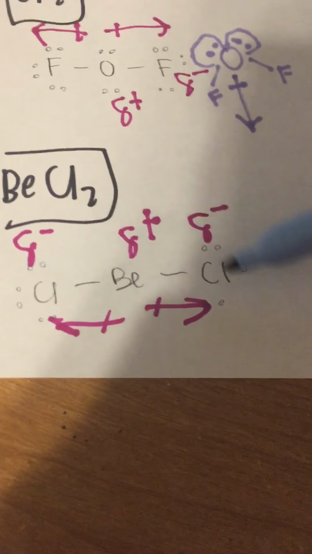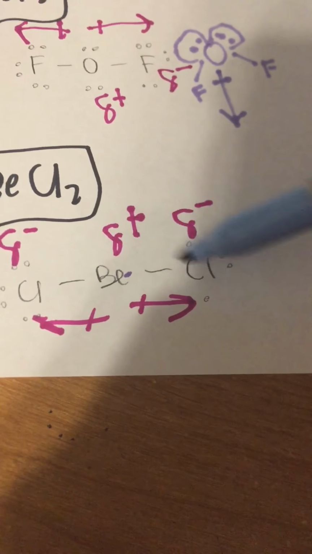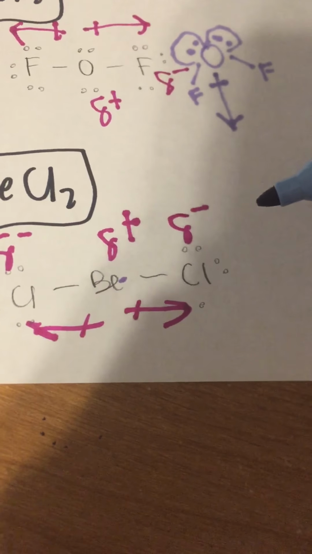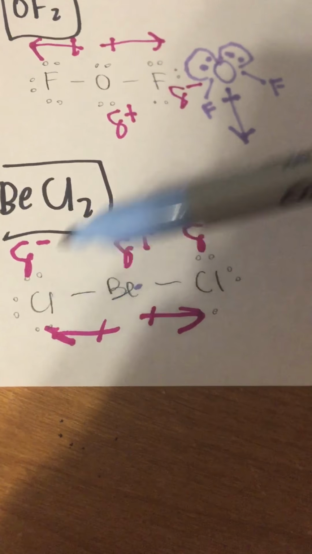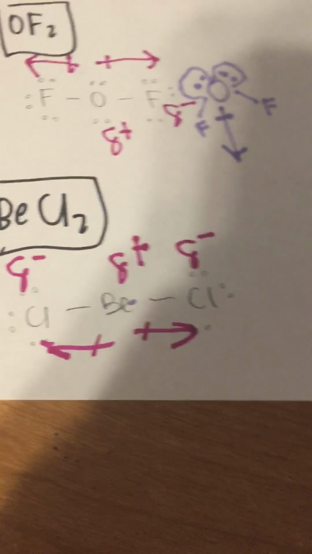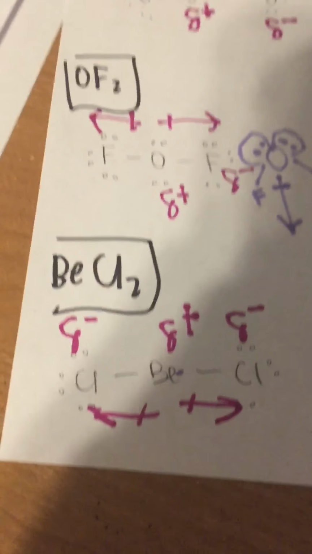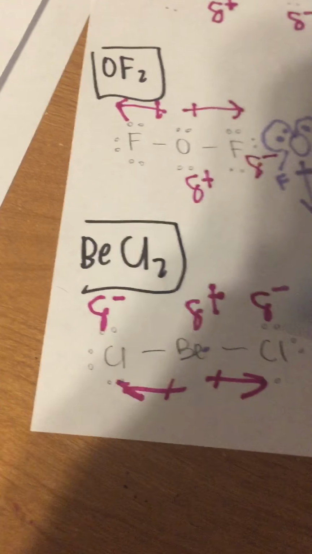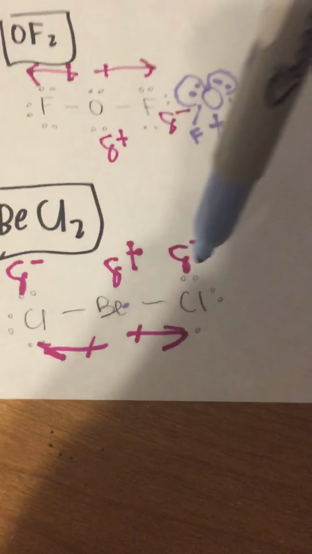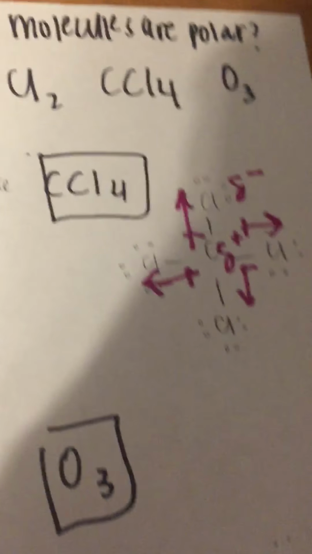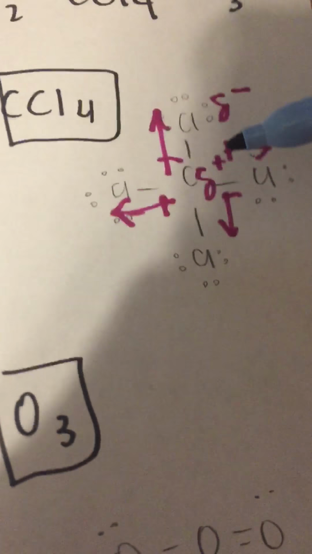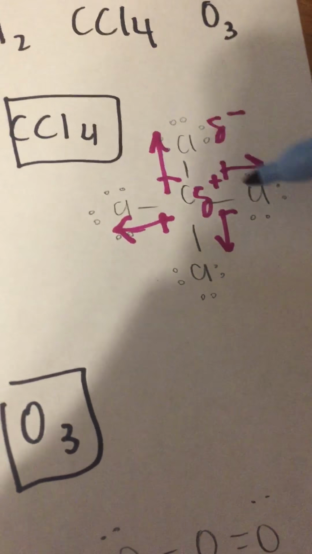So for this one, beryllium has 2 domains. Because these domains are both identical, its molecular geometry is linear, there will be no net dipole because they cancel, and this molecule is non-polar. This molecule up at the top has 4 identical domains.